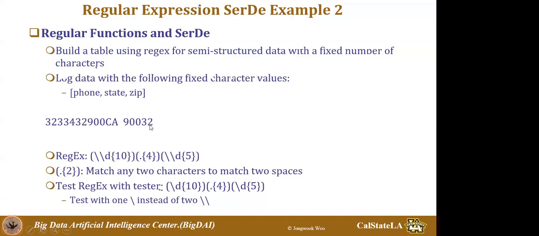But if you live somewhere else, it's really hard to tell what this data means. Anyhow, assuming you know this data format because you live in the United States, you can tell there are three fields: the phone number, the state field, and the zip field. The question is how we can read these three fields correctly.